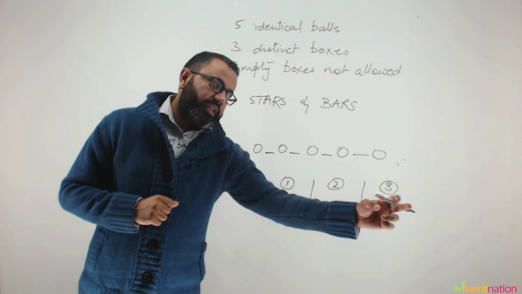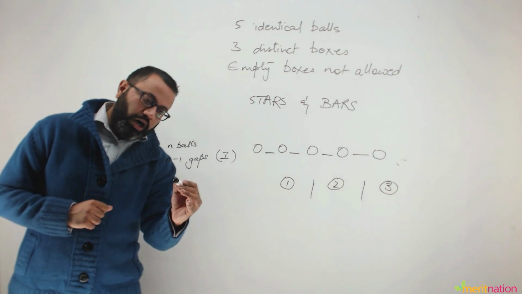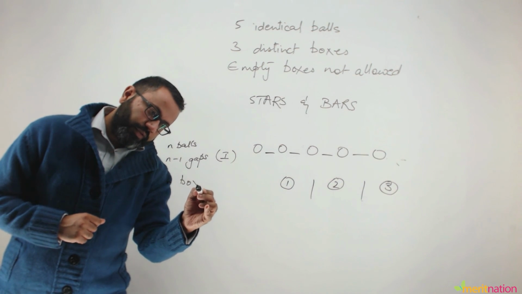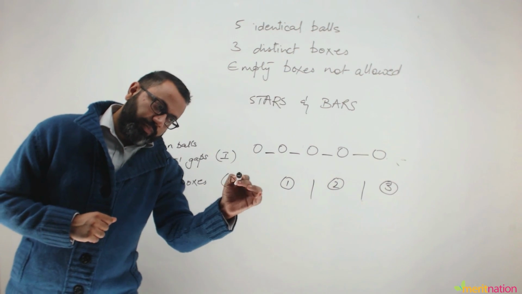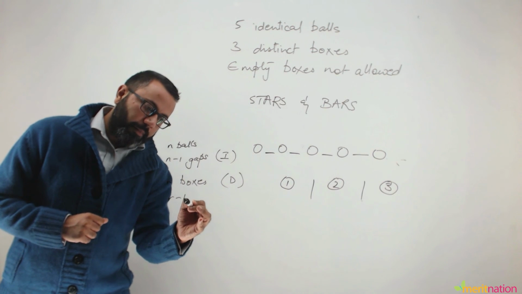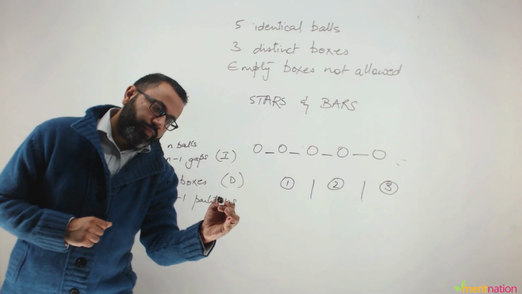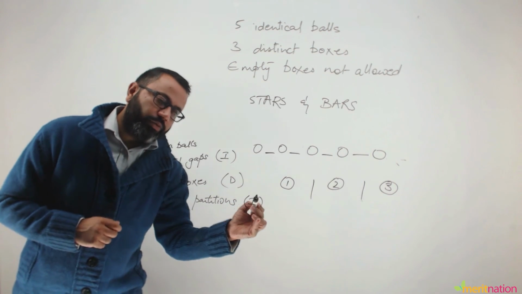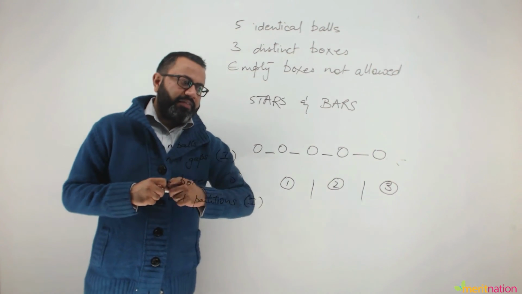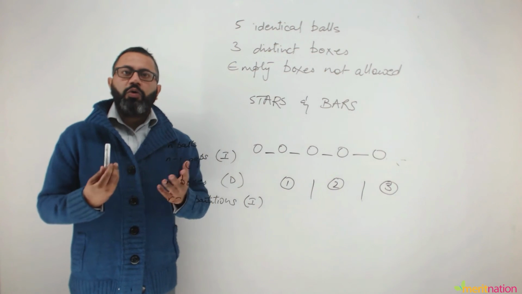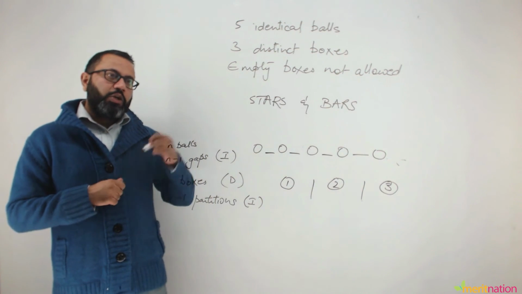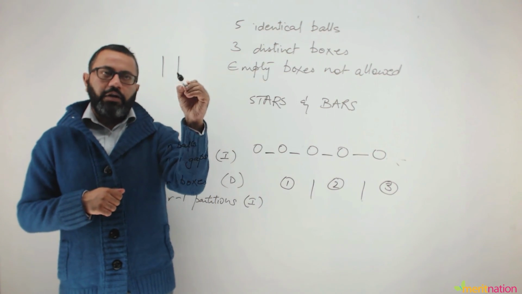We have replaced 3 boxes, let's call it R boxes, which were distinct, with R minus 1 partitions, which are now indistinguishable. So if these partitions are indistinguishable, how do we distinguish the boxes? We say that we have 2 identical partitions.